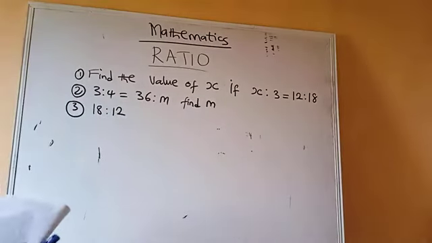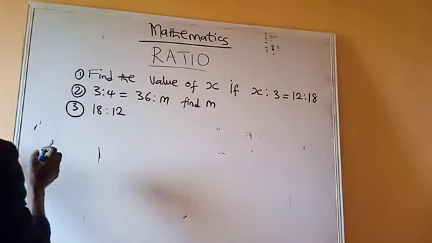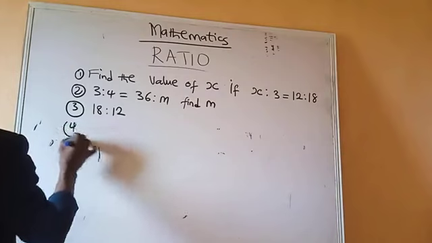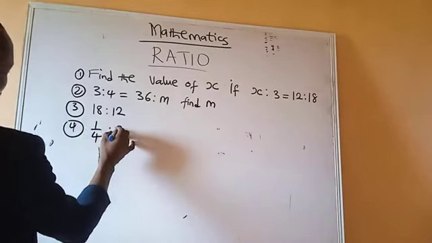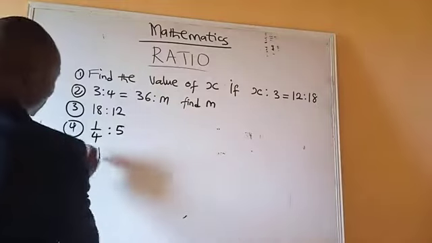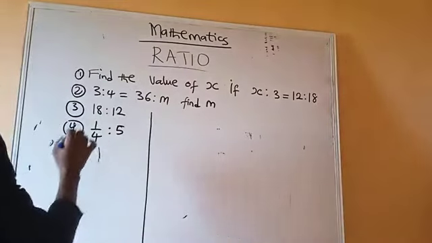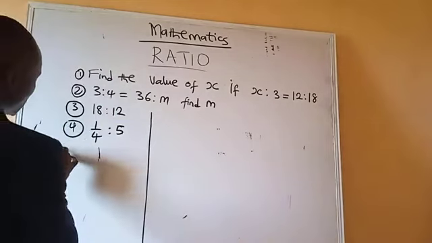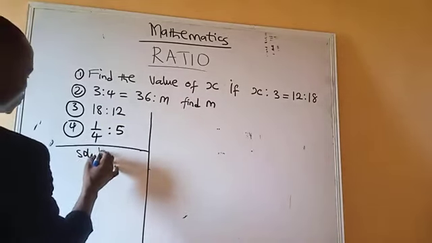Then we can have another one. Question 4. I have 1 over 4 is to 5. So let's give a solution to these questions.